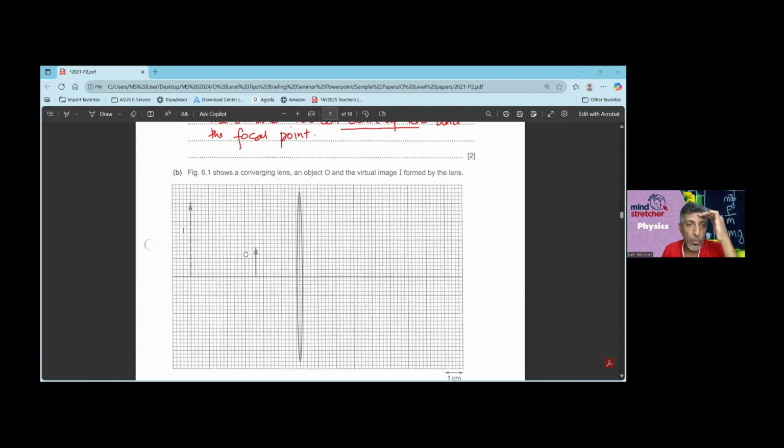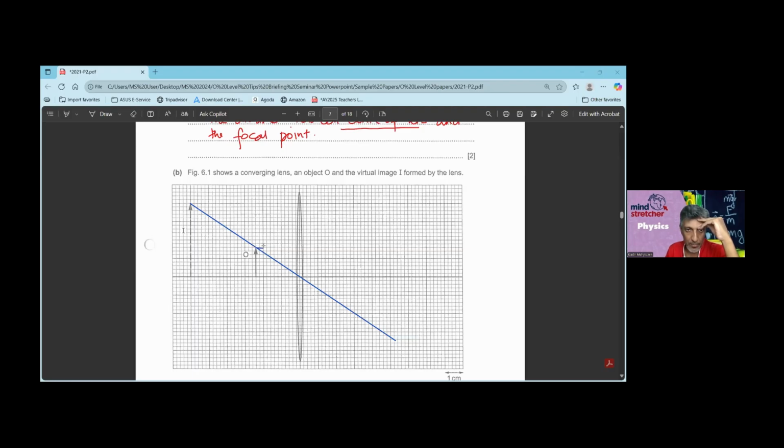One ray is the ray that will pass through the center like that, from the top of the object. This ray will pass through.